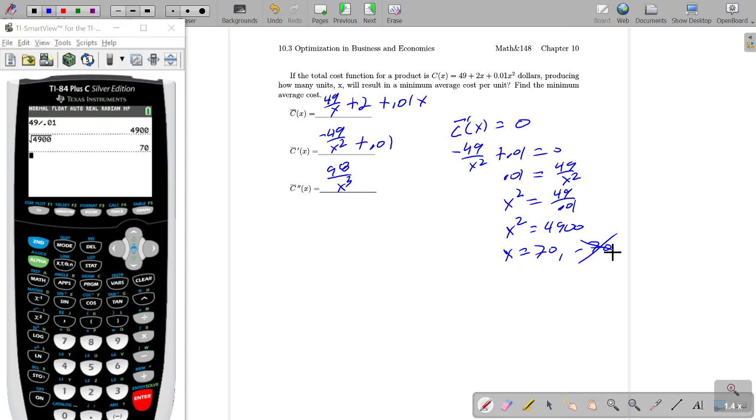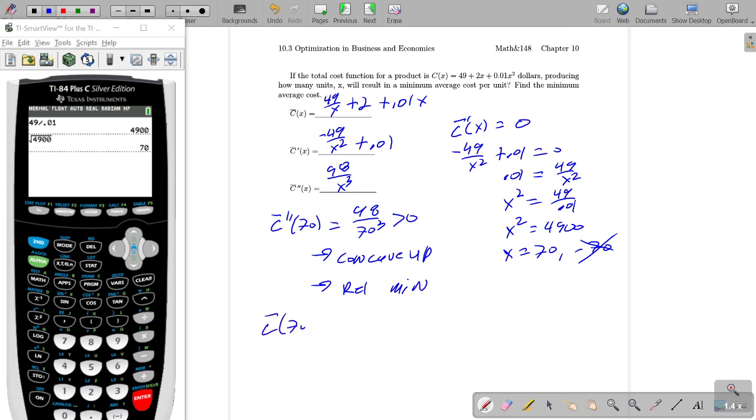So now that we have 70, c bar double prime of 70 equals 98 over 70 cubed, which is greater than 0. Concave up, relative min.